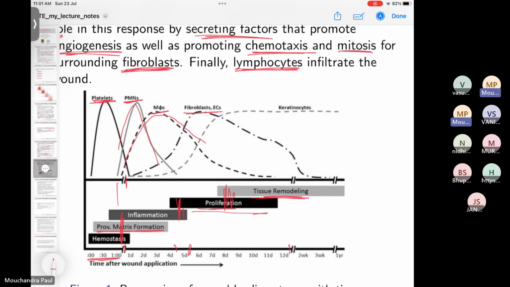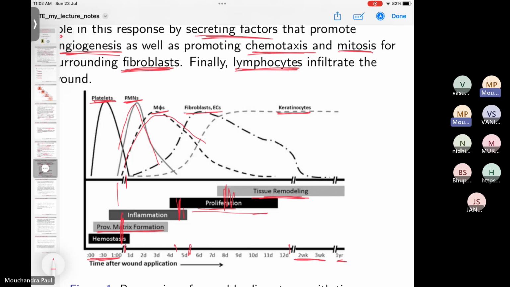This tissue remodeling phase is the end phase of wound healing, where the top layer of the skin, the epidermis, gets fully made by the keratinocytes, as well as ECM components like collagen, which are also synthesized in sufficient amounts to give strength to the injured area. This tissue remodeling can take from weeks to years, depending on the age of the host.